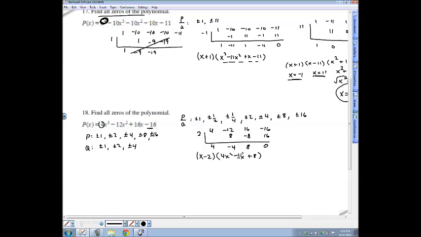So we use the quadratic formula. x equals the opposite of b, plus or minus the square root of b squared minus 4 times a times c, all over 2a.